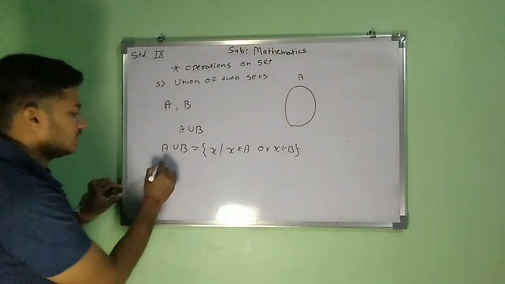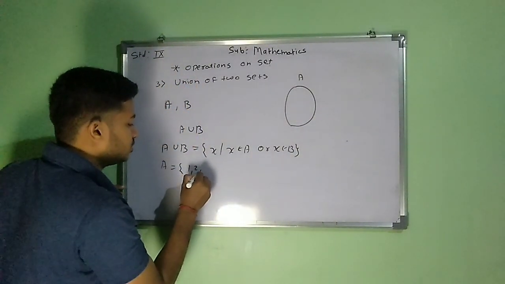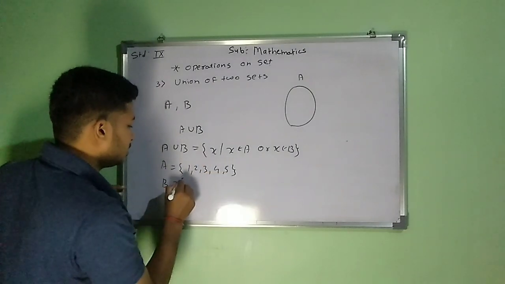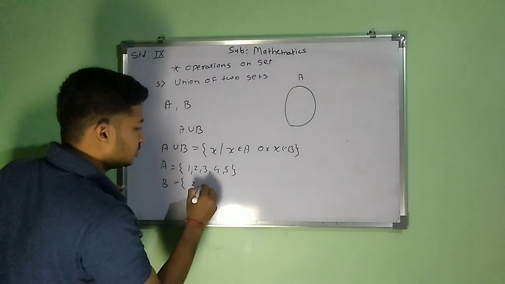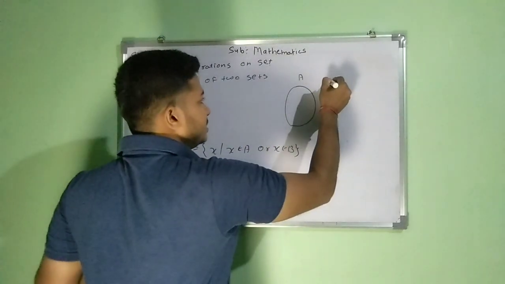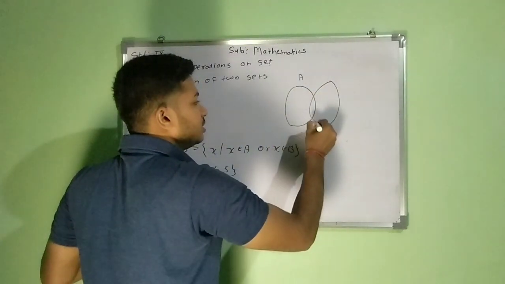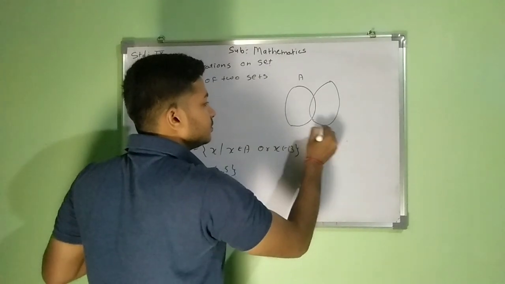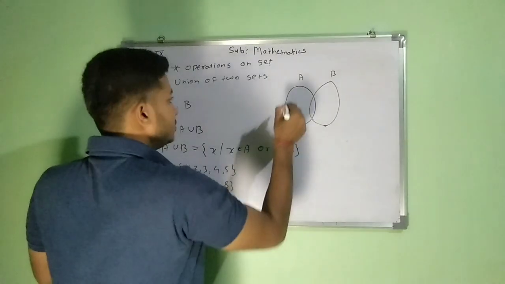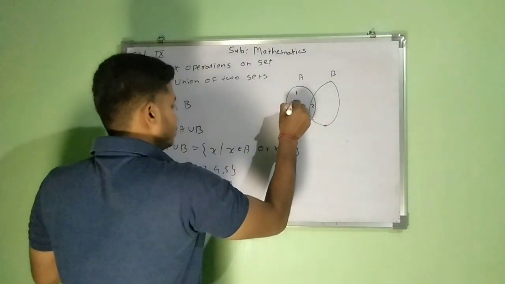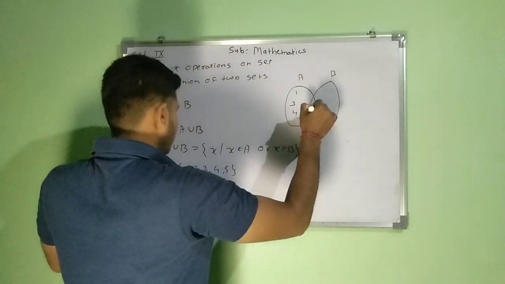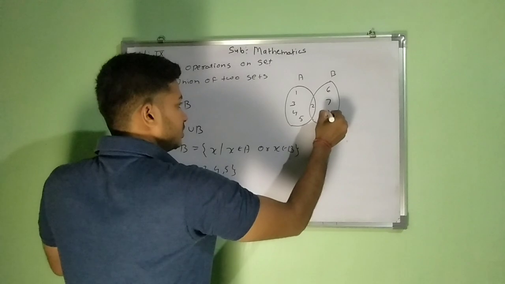Suppose we have set A as {1, 2, 3, 4, 5} and set B as {2, 6, 7, 8}. So by using a Venn diagram, it is represented as, look here, set A having elements 1, 2, 3, 4, 5, and set B has 2, which is already there, 6, 7, 8.